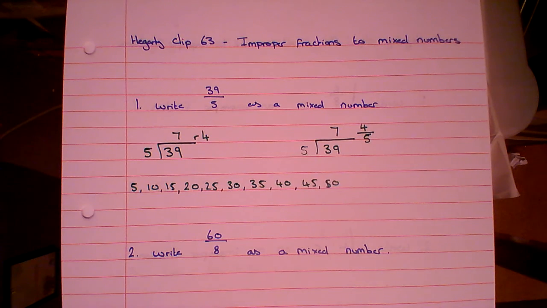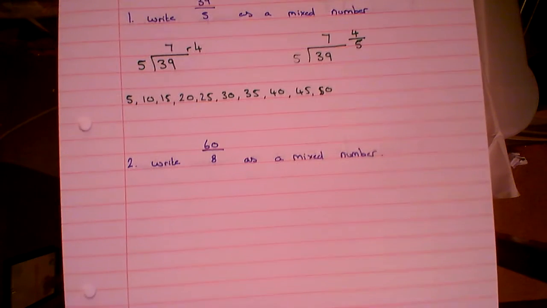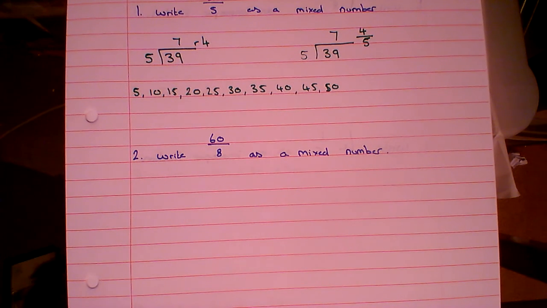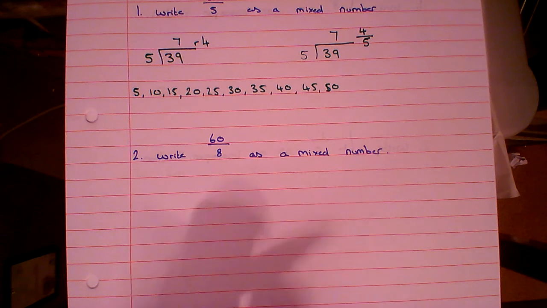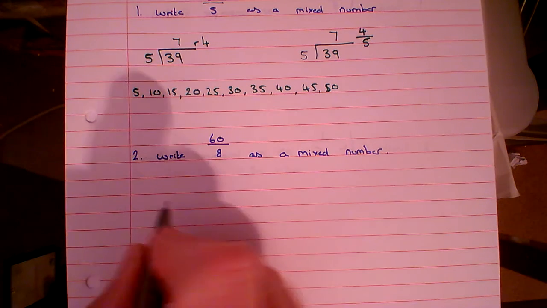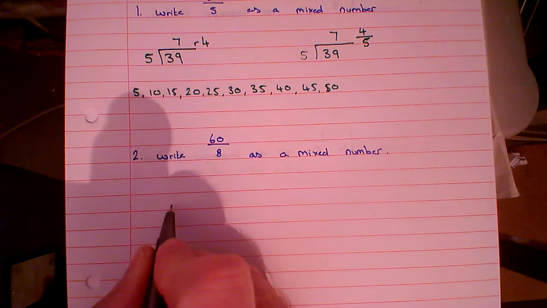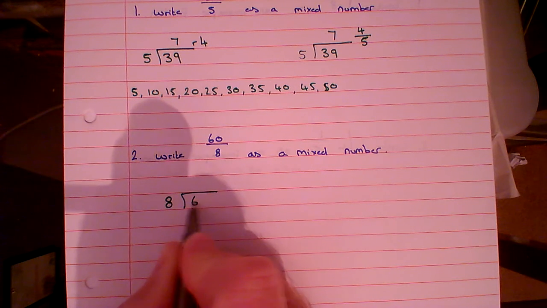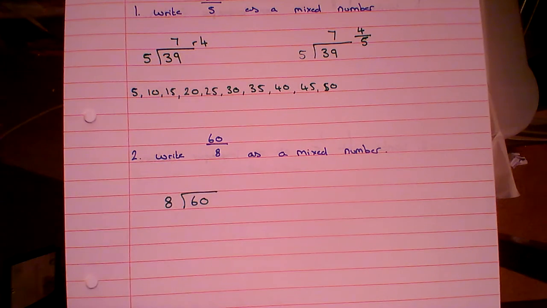Okay, let's see another example so you can see that clearly again. Write 68 as a mixed number. So we've got 8 into 60.